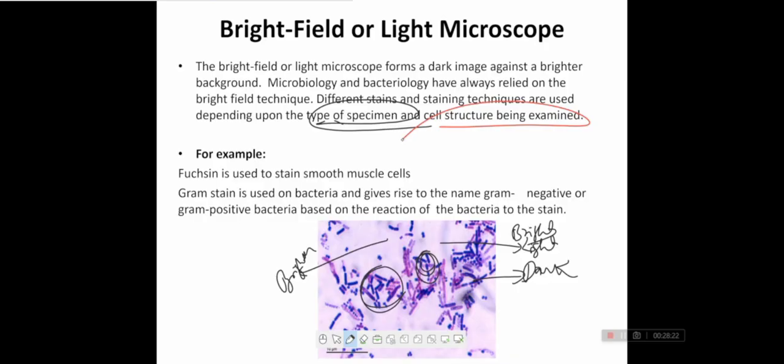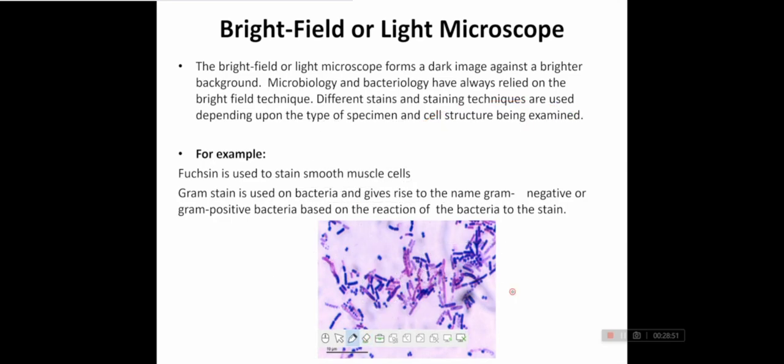Fuchsin stain is used to stain smooth muscle cells. Gram stain is used on bacteria, right? Gram stain is used on bacteria and gives rise to the names gram negative or gram positive bacteria based on the reaction of the bacteria to the stain. Clear?